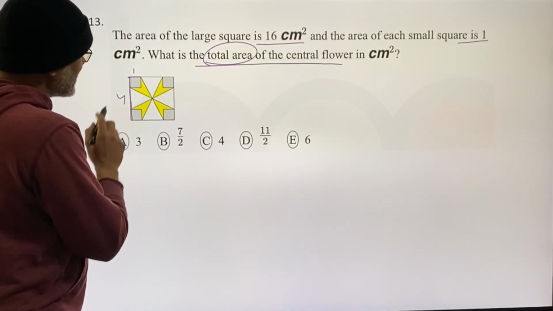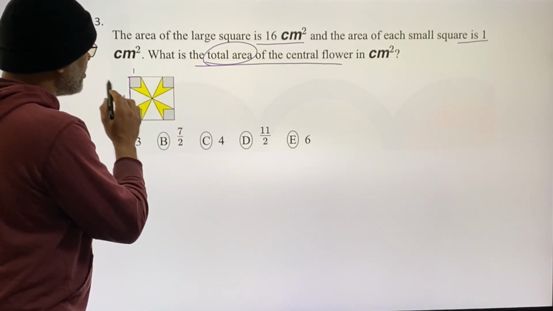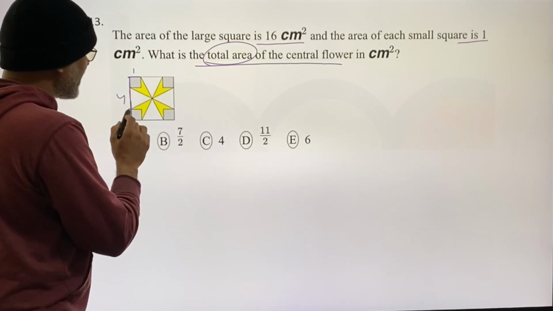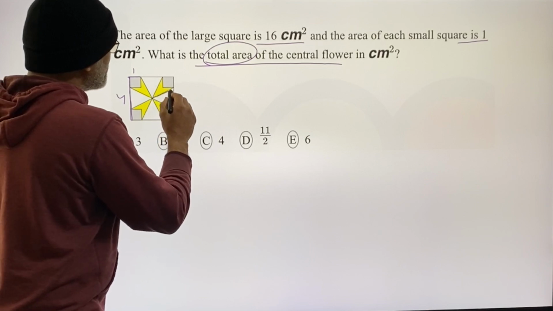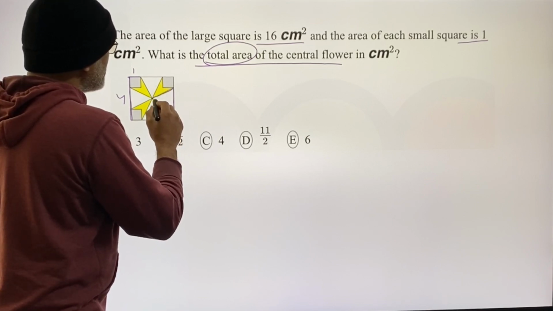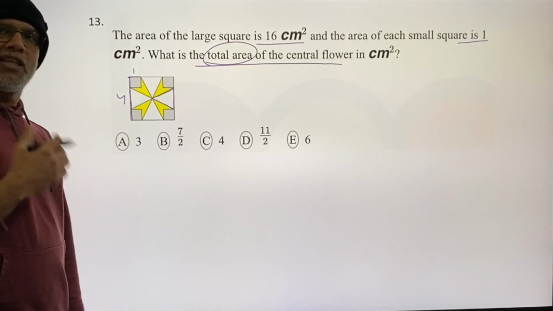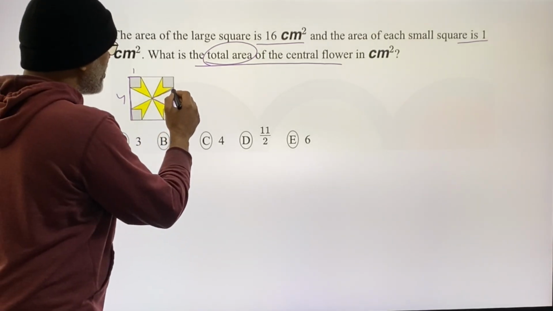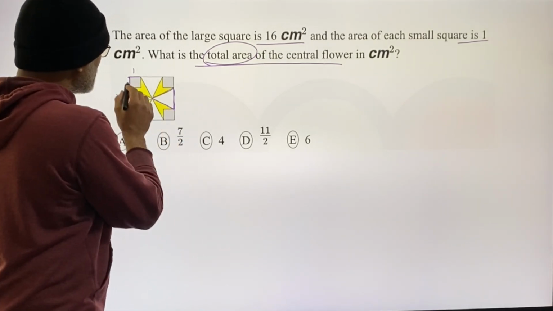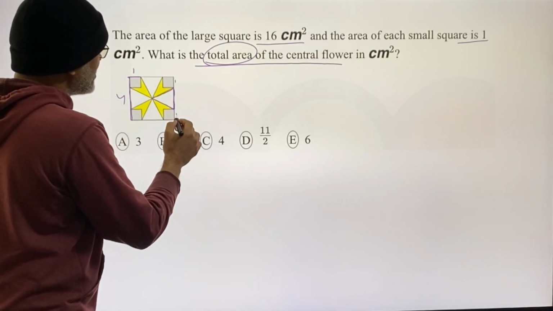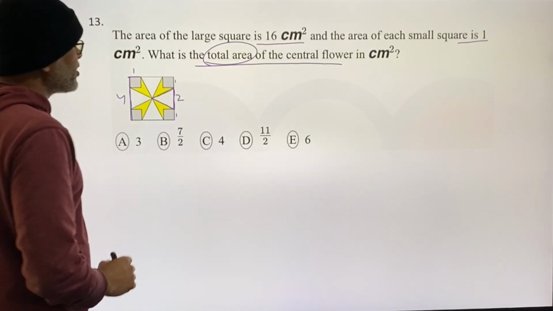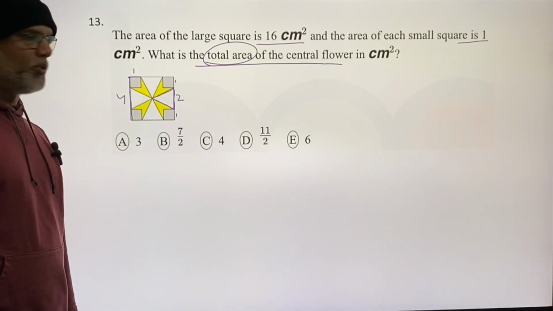In this case, I already know the area of the bigger square and the smaller square. All I need to do is, if I can find out the area of this triangle, I'm set, right? So what is going to be the base? We know the whole thing is 4. This is 1. This is 1. So the base of the triangle has to be 2, right?